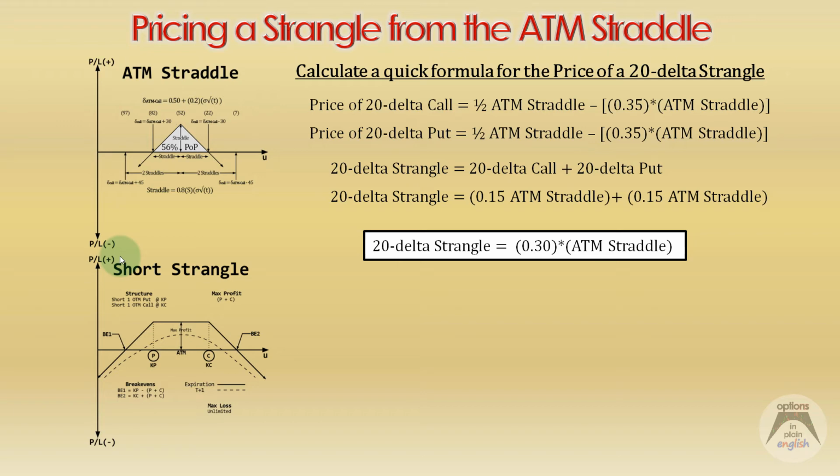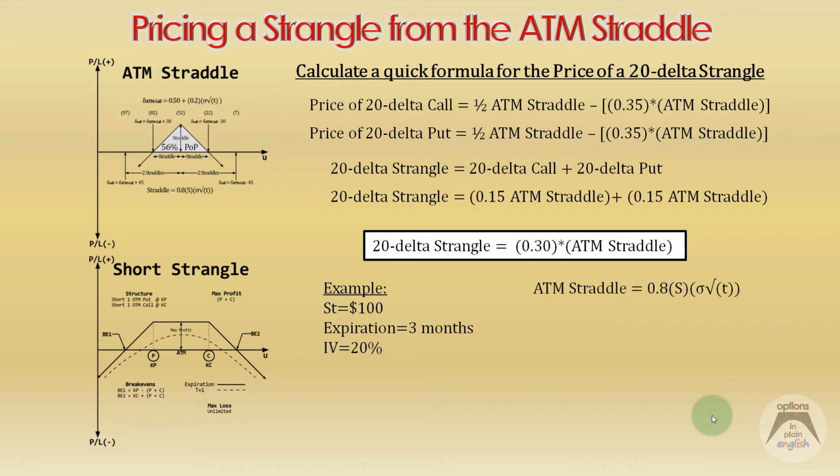So we're going to do an example here. We have a stock that's trading at $100. The expiration is 3 months, and the implied volatility is 20%. We have the at the money straddle being 0.8 times the stock price times sigma square root of time. So sigma is implied volatility. The at the money straddle is going to be 0.8 times the stock price, which is 100, times 0.20, which is the implied volatility, and the square root of 1/4, because 3 months is 3 divided by 12, which is 1/4.